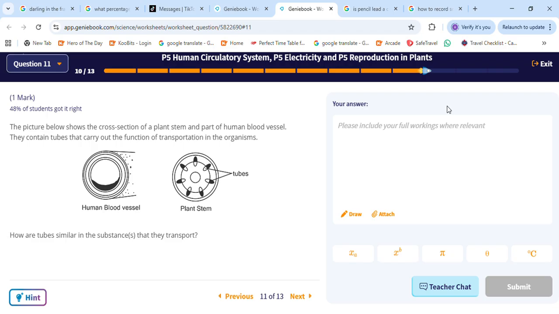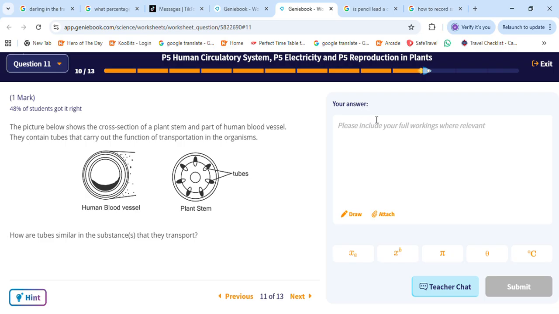Extremely similar substances to transport. What? I don't know, man. It's one of those very hard questions, you know. Contain the parts of human cell in view. They contain tubes which carry out the function of transportation in the organisms. Molecules similar to the substances they transport.